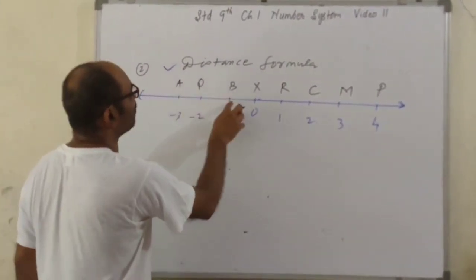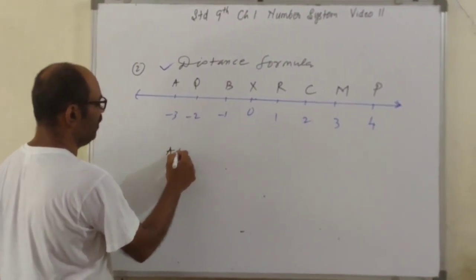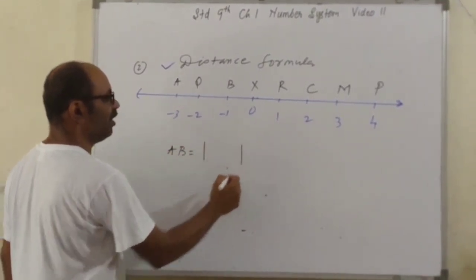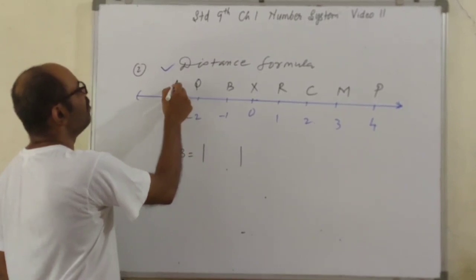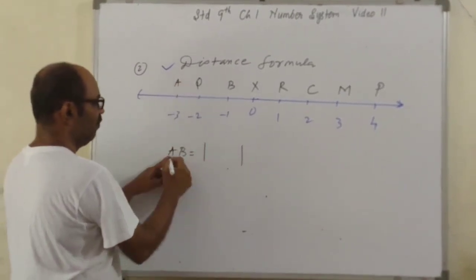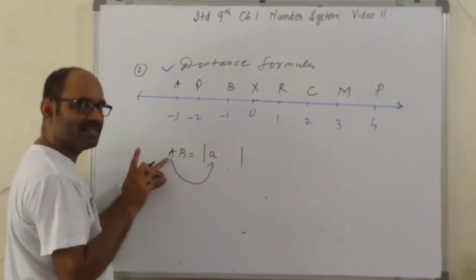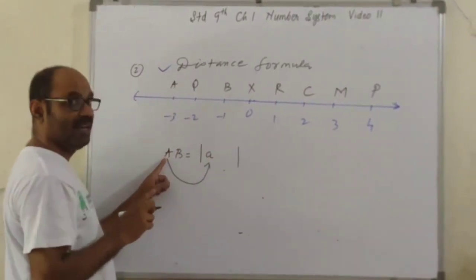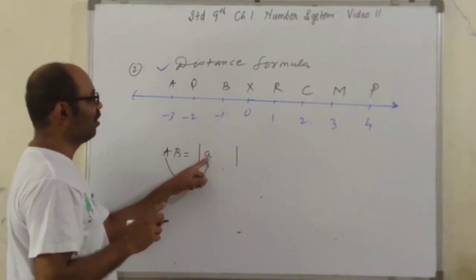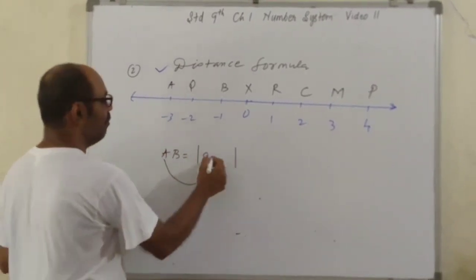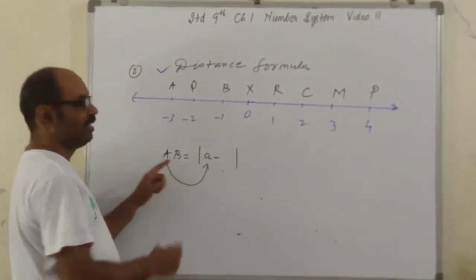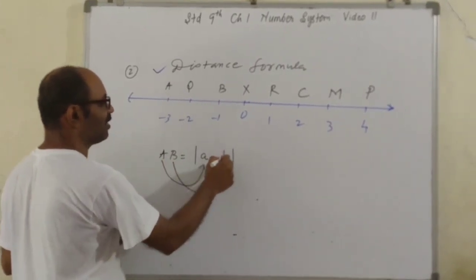Alright. Now there is one distance formula. Suppose you want to find the distance between A and B. So AB is equal to the absolute value of the number corresponding to point A. Let's say small a. The capital A is the point and the real number corresponding to that point is a, minus the real number corresponding to point B, let's say b.